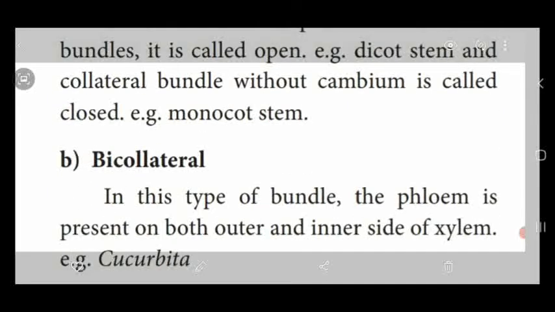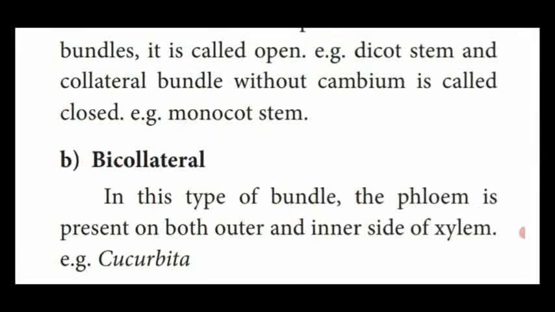Next one, bicollateral vascular bundle. That is phloem which is present both upper side as well as the inner side of the xylem. Two cambium is also present in the vascular bundle. That type of vascular bundle is said to be bi. Bi means what is that one? Two.